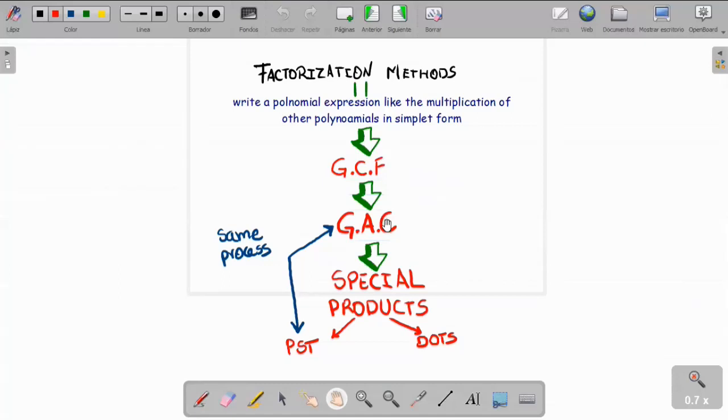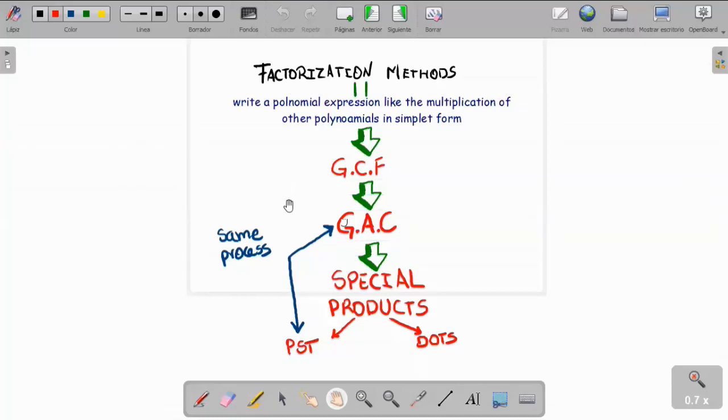If not, then go with the guess and check method. And finally, if guess and check doesn't fit, because sometimes you will not work with quadratic trinomials, see if the difference of two squares, a special technique to factorize, will help us conclude the exercise.